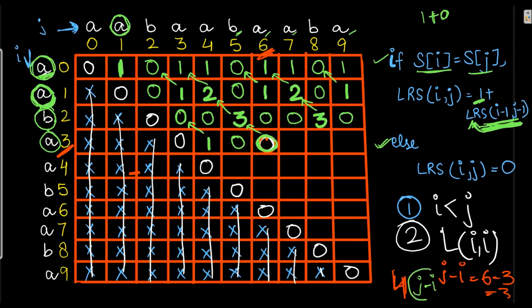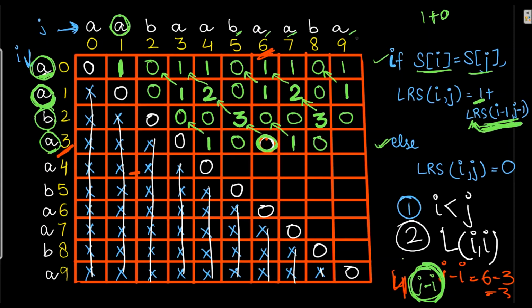At the same time, I need to check that the value I am filling over here should not be greater than j minus i. So let's proceed further. Now here A is matching with A. Yes. So here I'll get 1 plus 0. I'll directly write 1. Then is A matching with B? No, 0.